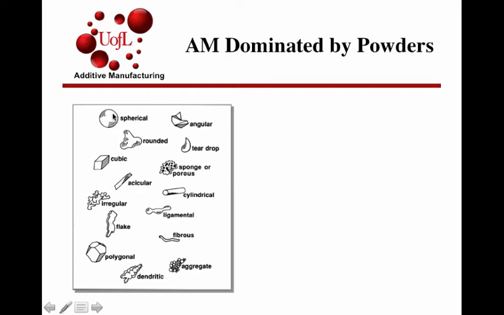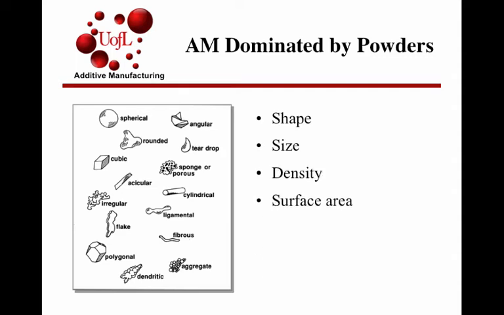In this case, in terms of shapes, ranging from spherical to agglomerated and a lot of different things in between. So shape is an attribute that needs to be understood. The size needs to be understood as well, and it's the packing density of the material, the surface area, which is related to the particle size, but is also related to the particle shape.